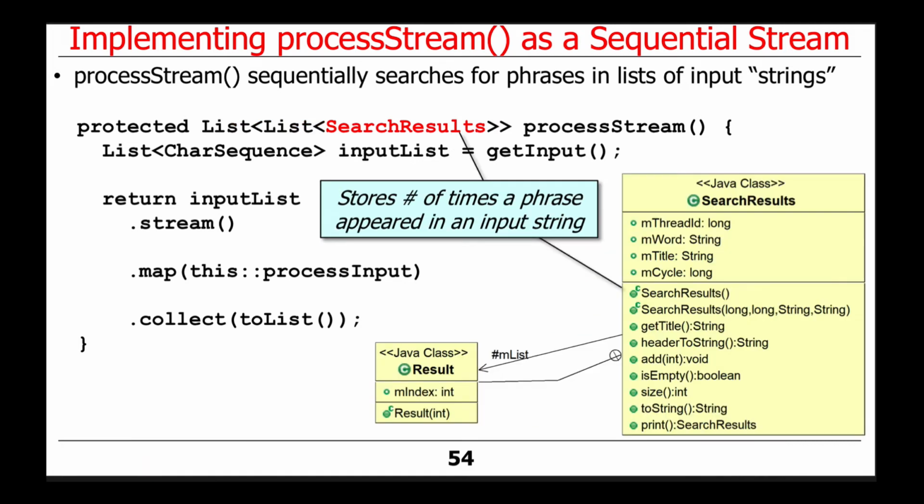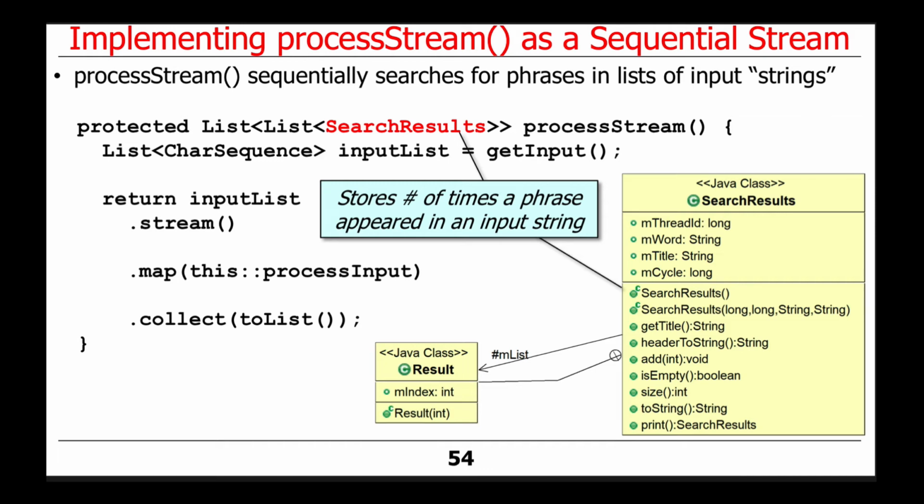All right. A search results class is simply this class that's going to store the number of times a phrase appears in an input string. So given a particular input string, or for a particular work of Shakespeare like Hamlet or whatnot, and given a particular word or phrase like, brevity is the soul of wit or whatever, it will go ahead and store a list of all the times that phrase appeared in that work of Shakespeare.